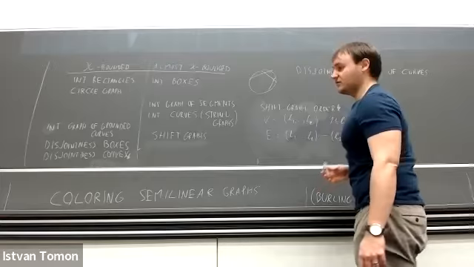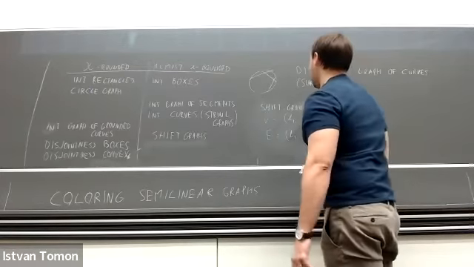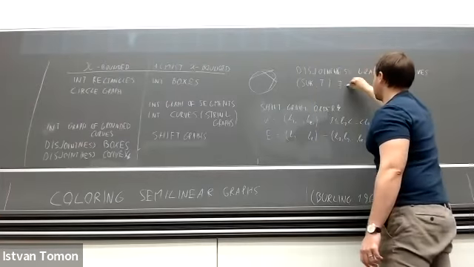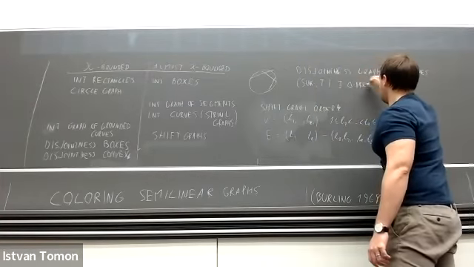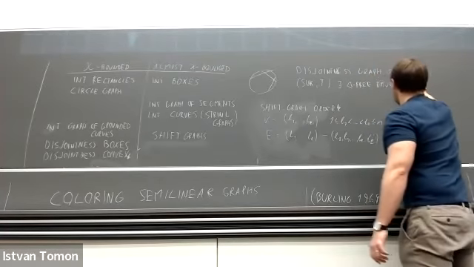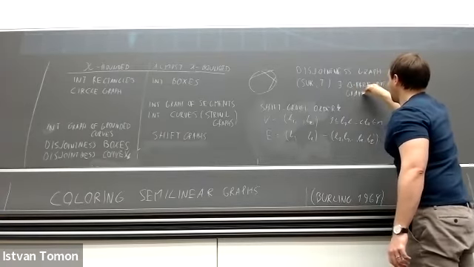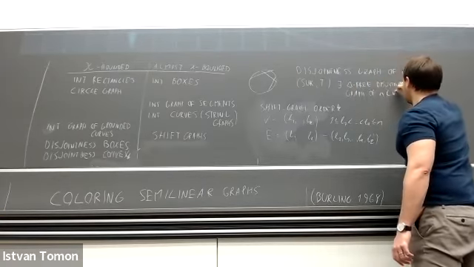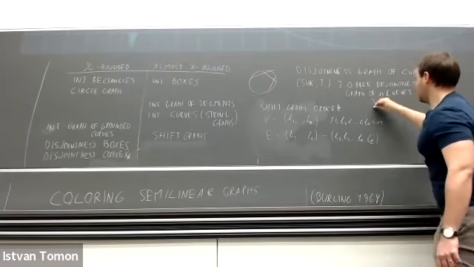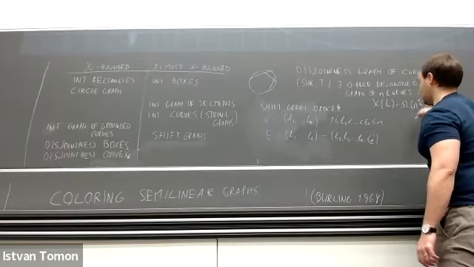So recently with Andrew Suk, we managed to show that there exist triangle-free disjointness graphs, and first, that the chromatic number is at least some constant times n to the 1/4.